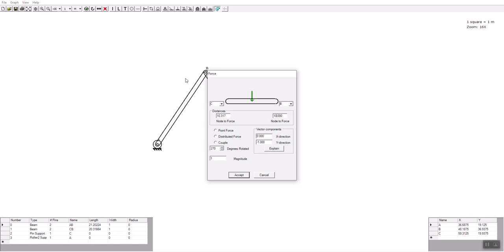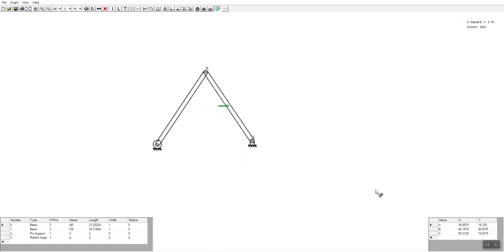Now I want this force, instead of being vertical, I want this force to be horizontal. So now I'm going to use this degrees rotated utility to turn the force. And then click accept. So now we have a structure with a horizontal loading on this.